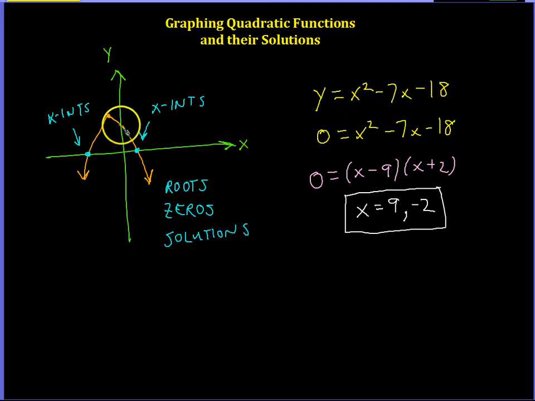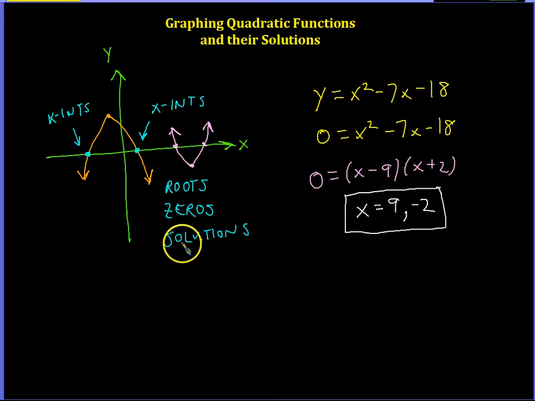So, when we have a graph of a quadratic function, and I'll show you another one just so that you can be with me on this. A quadratic function could be anywhere on the x-axis, and still, if we have 2 points that cross the x-axis, we'll call those guys roots, but we can also refer to them as x-intercepts or zeros, and we can also call them solutions.